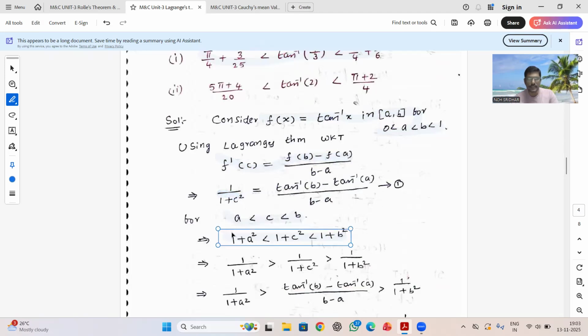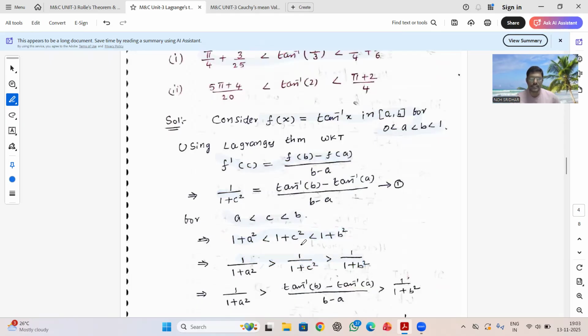Whenever the value is in the denominator, the inequality must be changed. If it is less than, it will be greater than when we convert it into the denominator. So 1/(1 + a²) > 1/(1 + c²) > 1/(1 + b²).